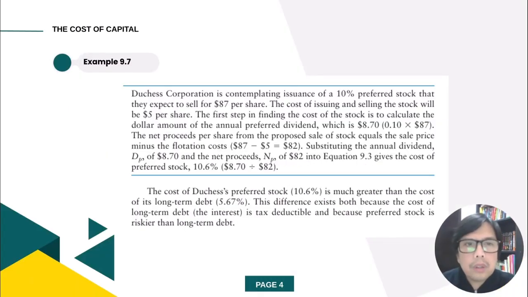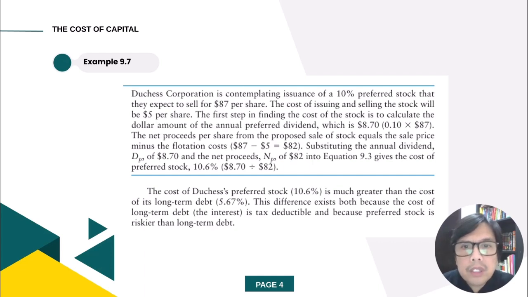Let's take a look at example 9.7. Duchess Corporation is contemplating issuance of a 10% preferred stock that they expect to sell for $87 per share. The cost of issuing and selling the stock will be $5 per share. The first step in finding the cost of the stock is to calculate the dollar amount of the annual preferred dividend, which is $8.70.